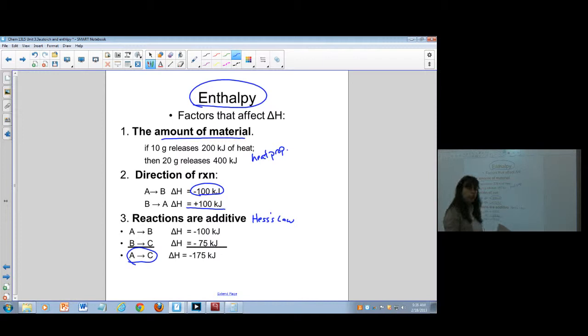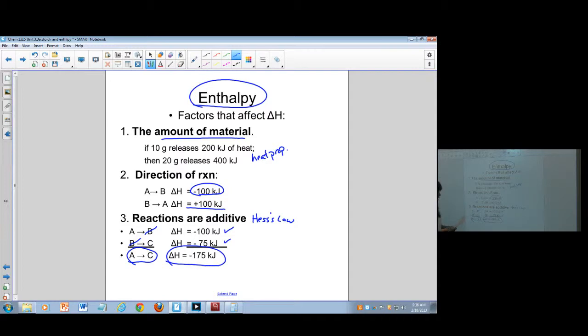It's some kind of complicated reaction that we can't really measure very well. But if we can measure A to B, and then we know that B to C is some value, then we can also figure out A to C, because B is going to drop out here, and that will give us this total value.